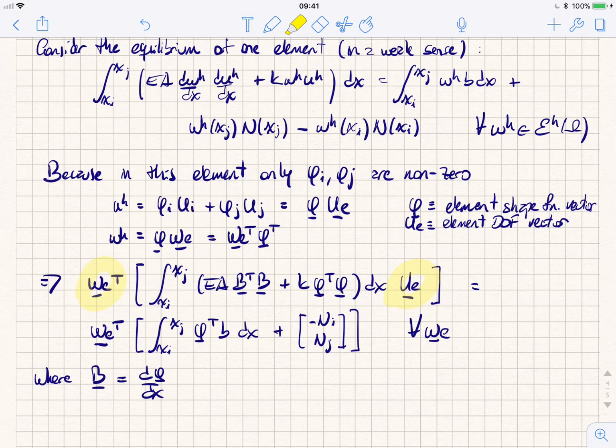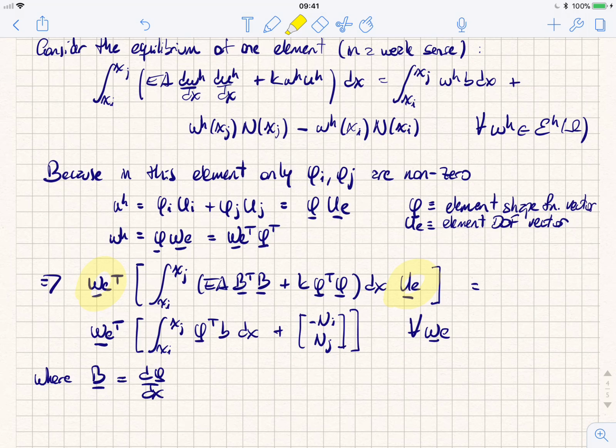And now the statement before was that this equation on top was valid for all WH in that subspace, right? But that is no longer the case here, because the only unknown here is WE, because I know the shape functions. And so this statement has to be valid for all WE instead.